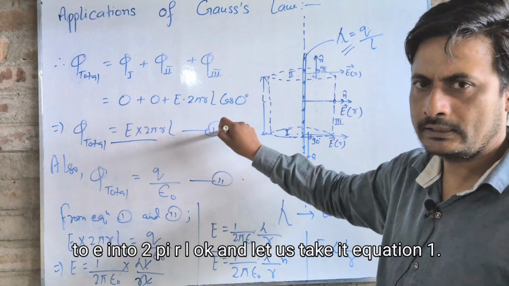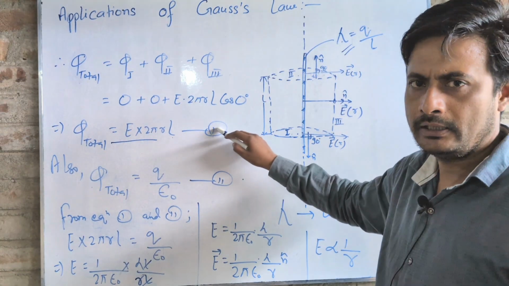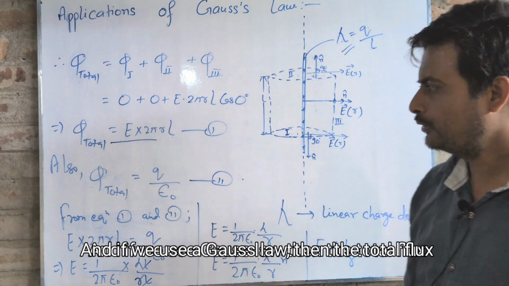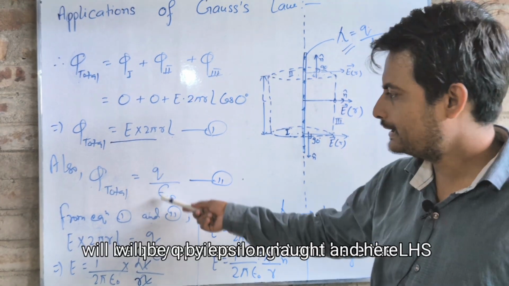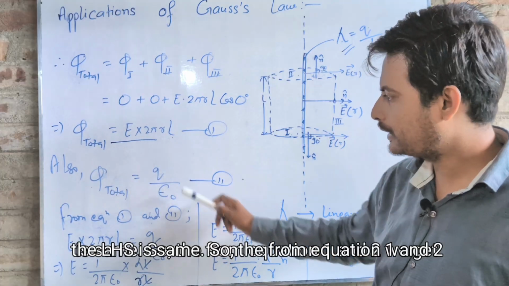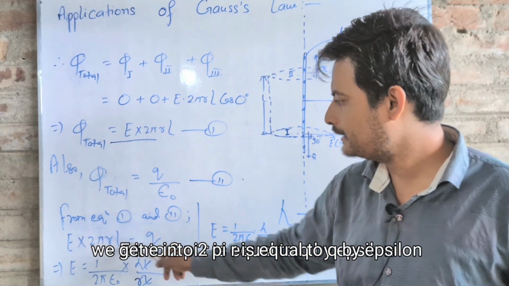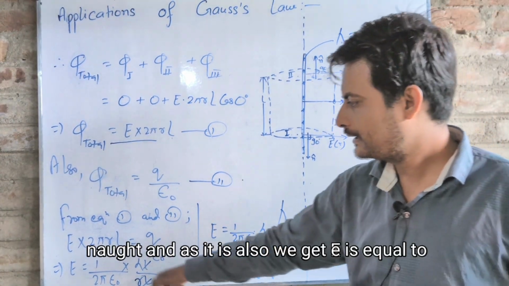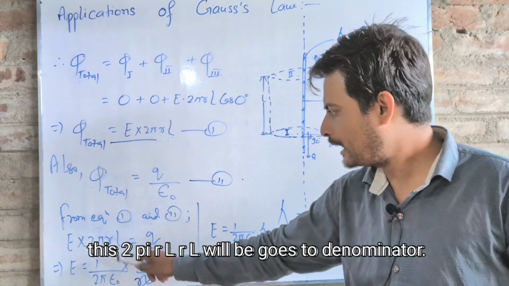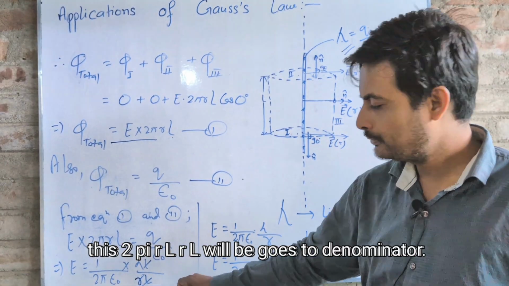Okay, let's take it as equation 1, and if we use Gauss law, then the total flux will be Q by epsilon naught. Here the LHS is the same, so from equations 1 and 2 we get E into 2 pi r L is equal to Q by epsilon naught, and as a result we get E is equal to, this 2 pi r L will go to the denominator.